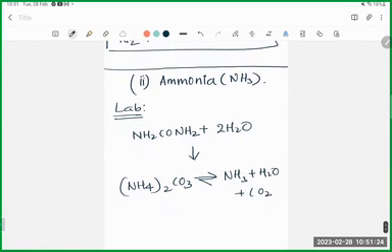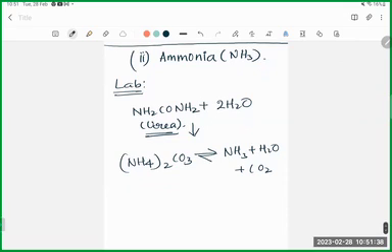This reaction is general, like in soil it happens because we use urea as a fertilizer, correct? Urea as a fertilizer reacts, and this is how the reaction happens in the soil.